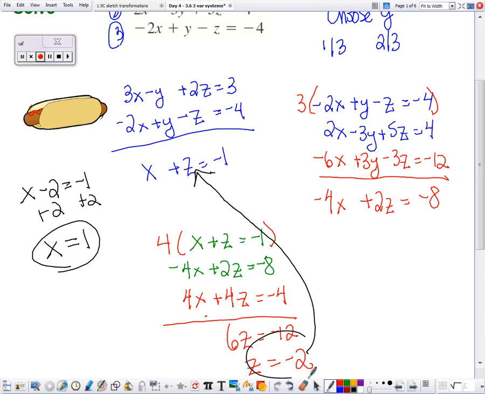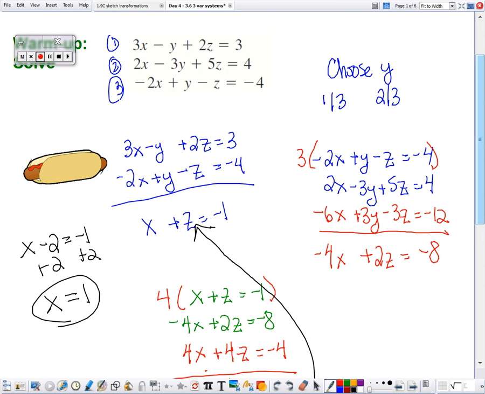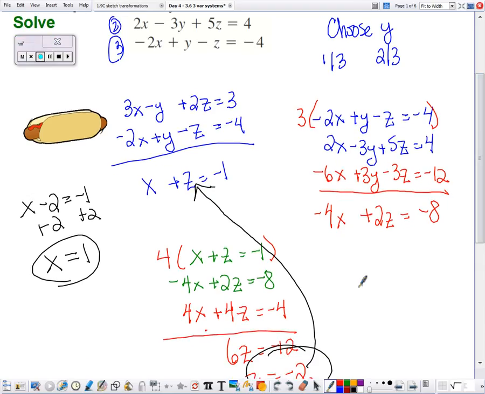Now I'm going to take both of these values and plug them into any original equation to get y. And I'm going to choose the third one. So do that over here. -2 times 1 plus, oh I'm sorry, we're solving for y, plus y minus -2 equals -4.